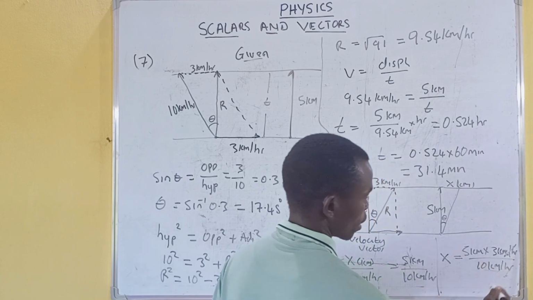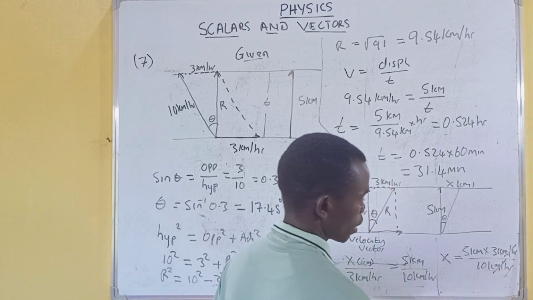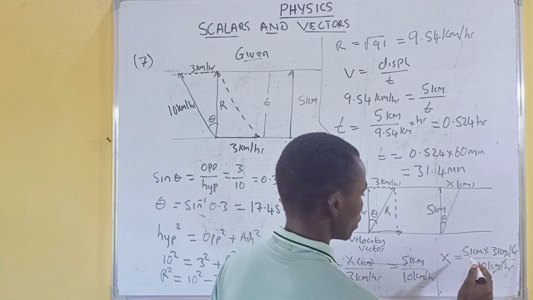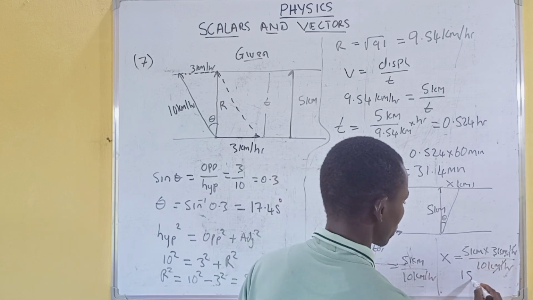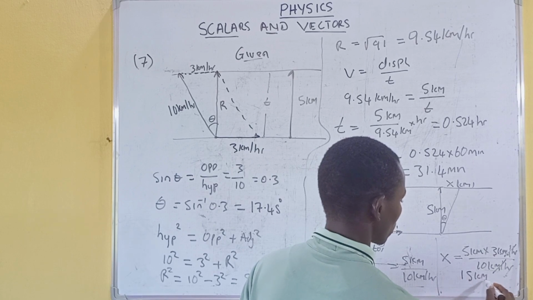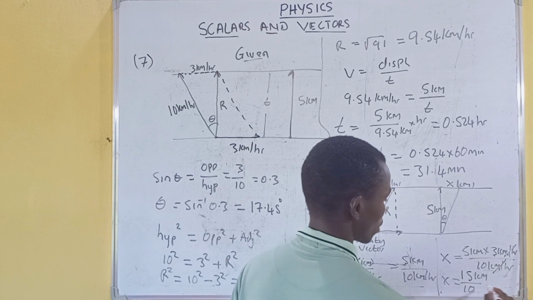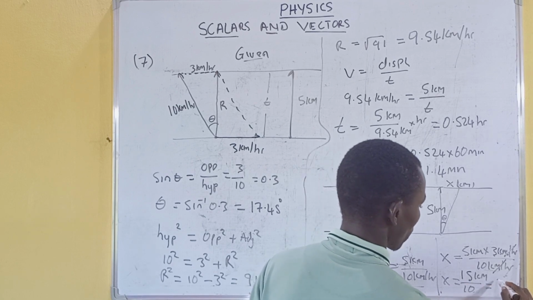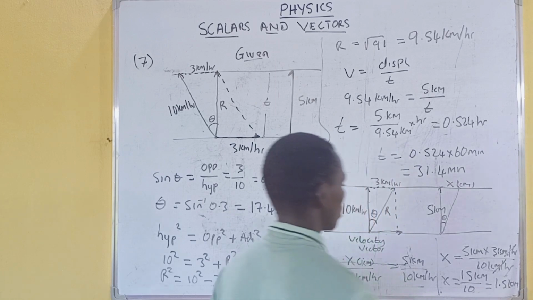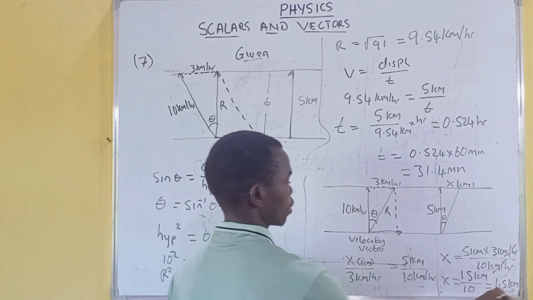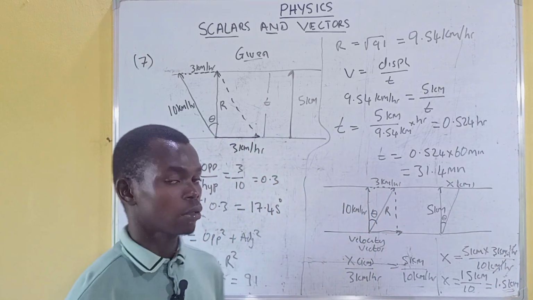So kilometer per hour will cancel kilometer per hour. So this will be 5 kilometer times 3, which is 15 kilometer, over 10. So our s will be equal to 1.5 kilometer. So this is our answer to this question.